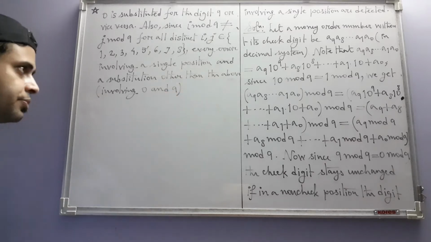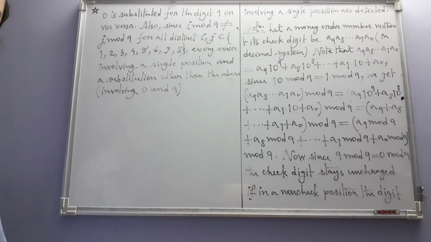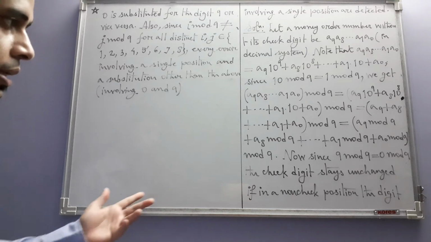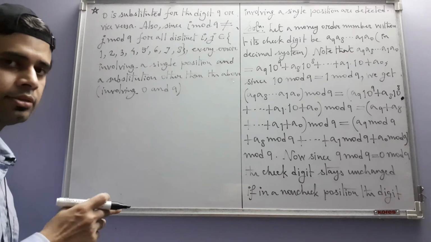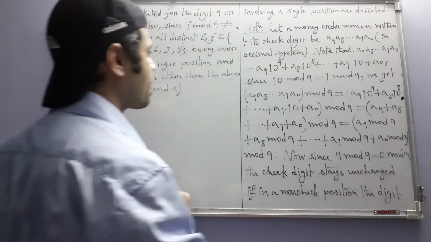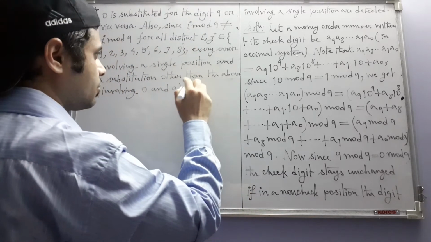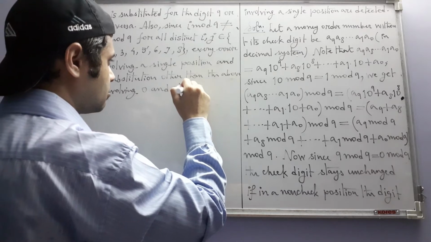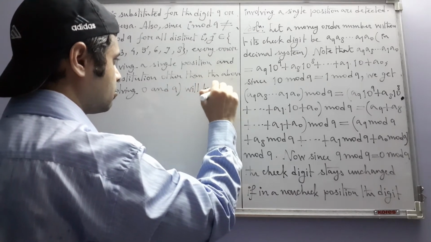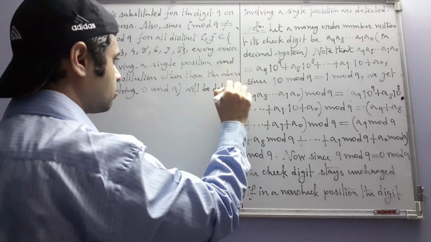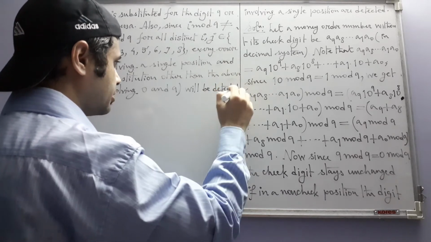If we substitute any other digit with something else, then the check digit will not be the same. So its change will tell you that you have made some mistake. It will be detected.